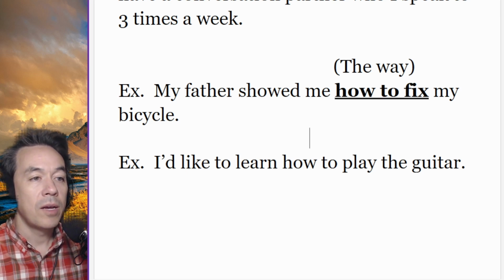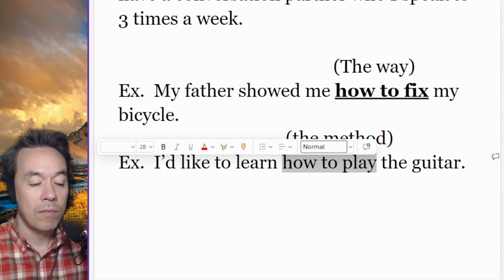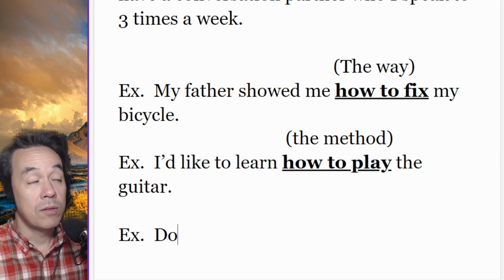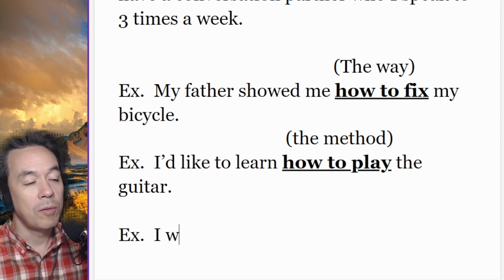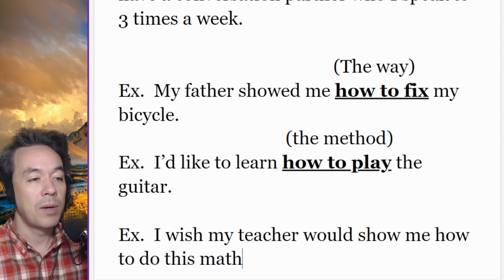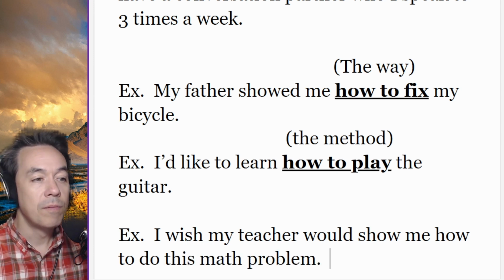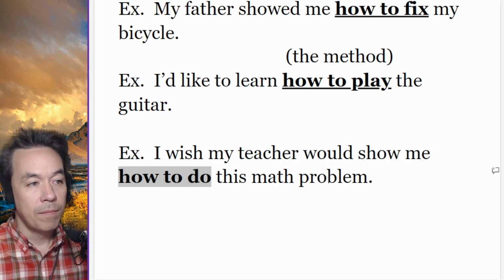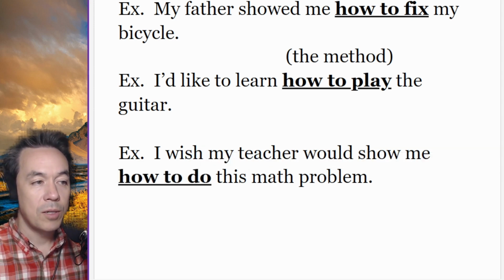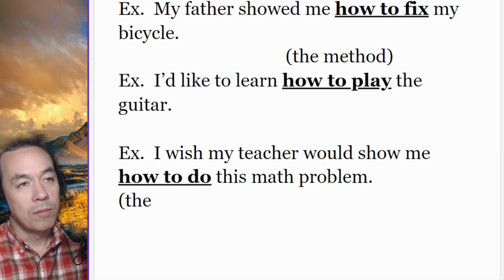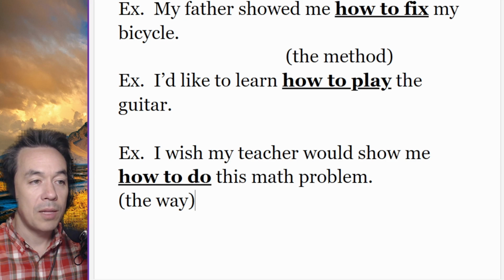Okay, so again, how to play means, yeah, the method. Okay, and how about, let's say, I wish my teacher would show me how to do this math problem. Say how to do. All right, so in this case too, these are not questions, but yeah, the way of this math problem.